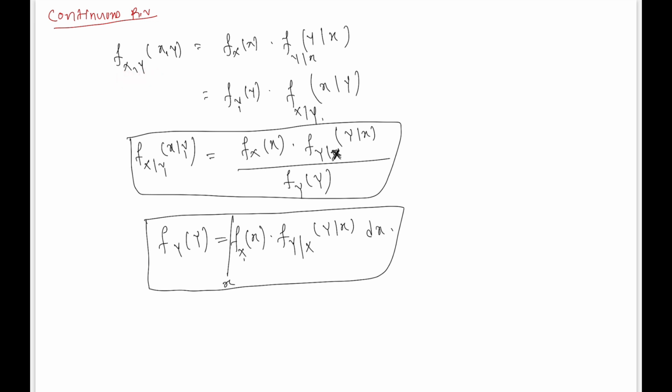Another mixture Bayes rule variation problem could be in a communication system. We send discrete signals, that is 0 and 1. So this random variable x can take the value 0 and 1, and we send this signal over the noisy channel.